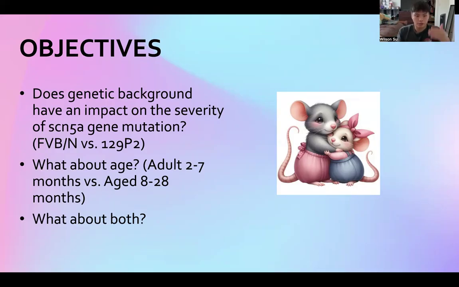The adults ranged from 2 to 7 months, and the aged were 8 to 28 months. Lastly, the mutation was the main emphasis, so you have the wild type of those strains and the mutated type of those strains.